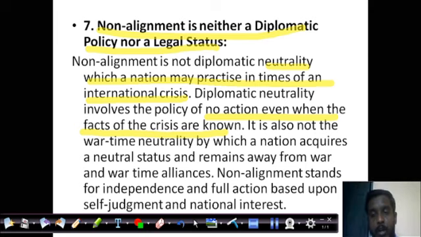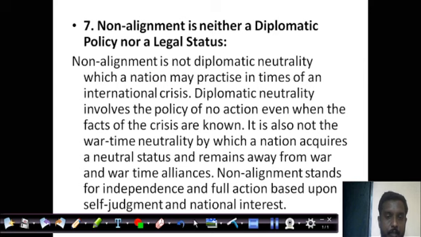It is not a neutrality which is predominant in the time of a war or an international crisis. It is a prolonged policy that the nations who are part of non-alignment should follow, that they should believe in an international system which is based on peaceful coexistence and mutual non-interference.